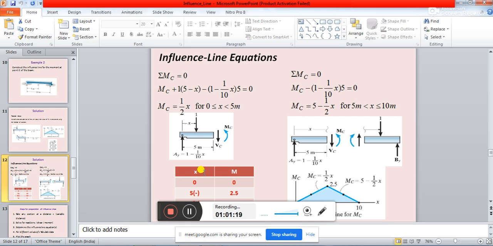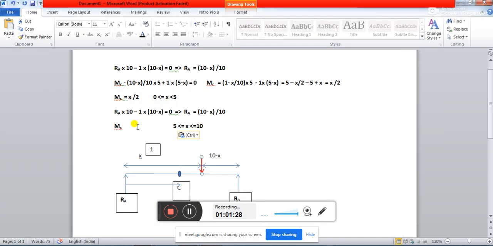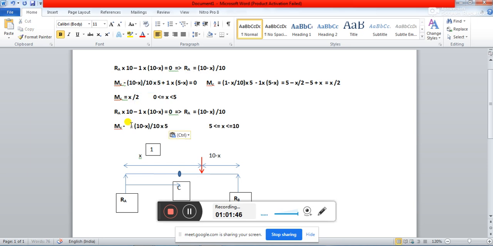Okay. So if you want to find out the moment, in that case, MC minus, there will be a minus sign because this load is going to create a clockwise reaction, so this part will again come, and this will be equal to 0.